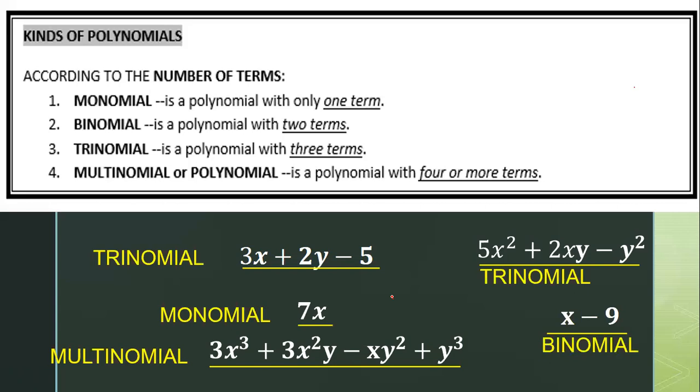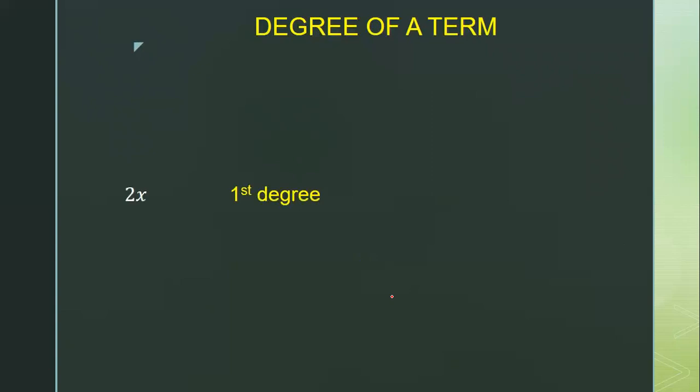Now, let us discuss another kind of polynomial. First, let us determine the degree of a term. 2x is first degree. Negative 5x squared is second degree. 8x cubed is third degree.